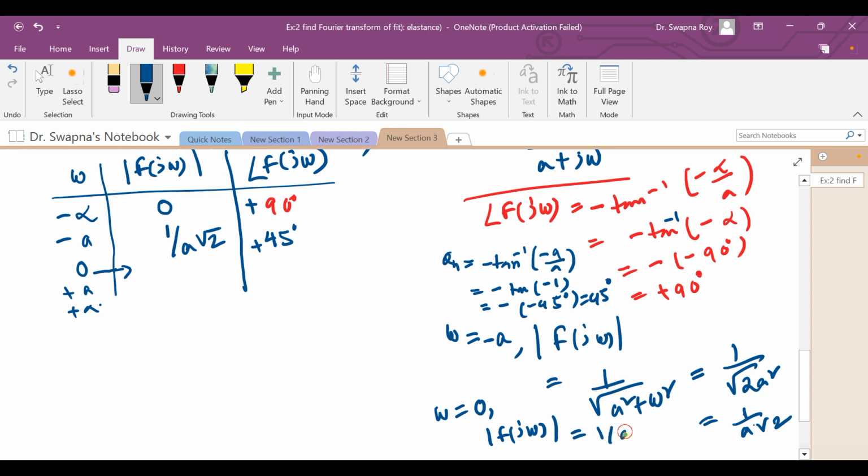So this is 1 upon a, and the angle will be 0. Similarly for plus a, the magnitude will be 1 by a root 2, and the angle will be minus 45 degrees. Plus infinity will be minus 90 degrees.